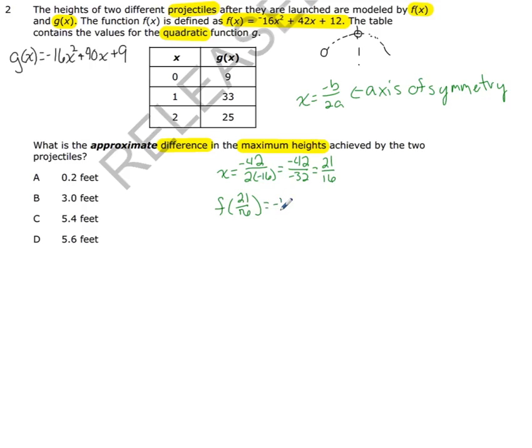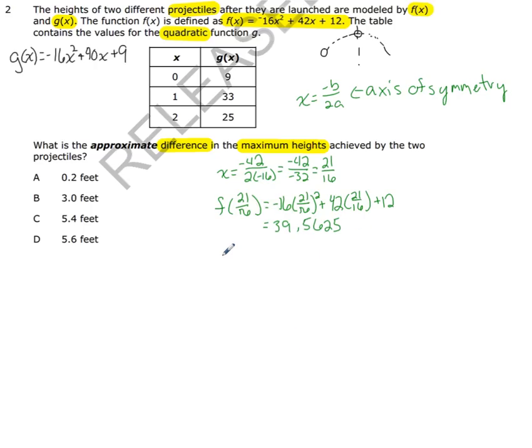That's going to be -16 times (21 over 16) squared, plus 42 times 21 over 16, plus 12. Okay, and when you do all the computation there, you get 39.5625.